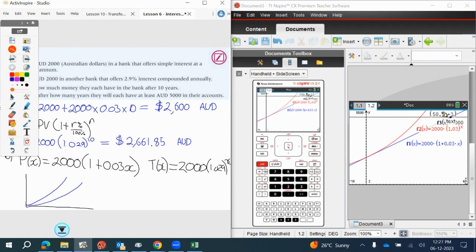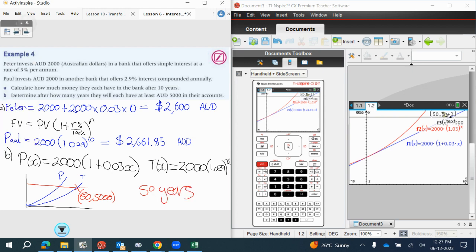I think it's nice to see the graph in this case, and so you visually help stop making the mistakes. So we get after 50 years.